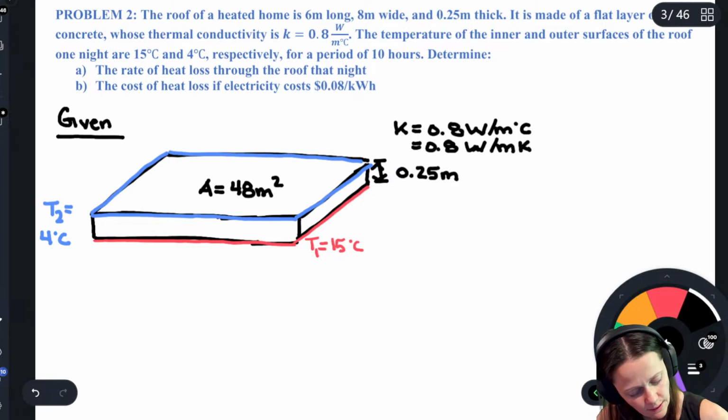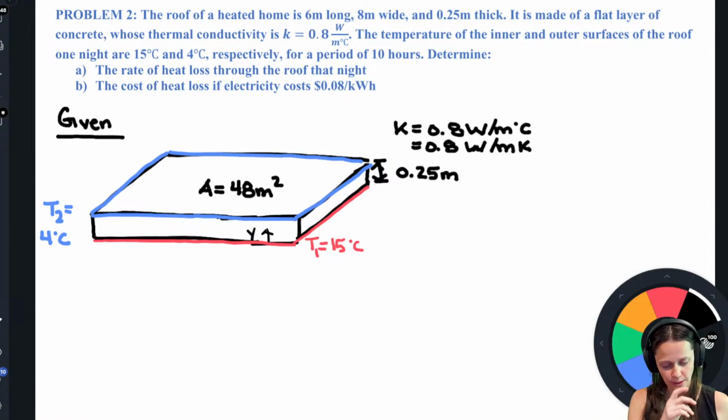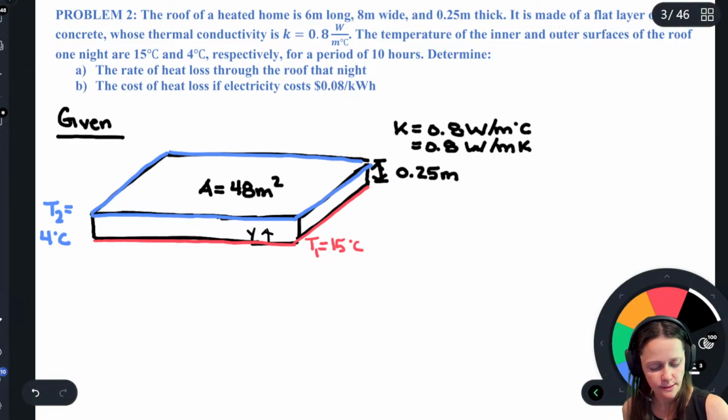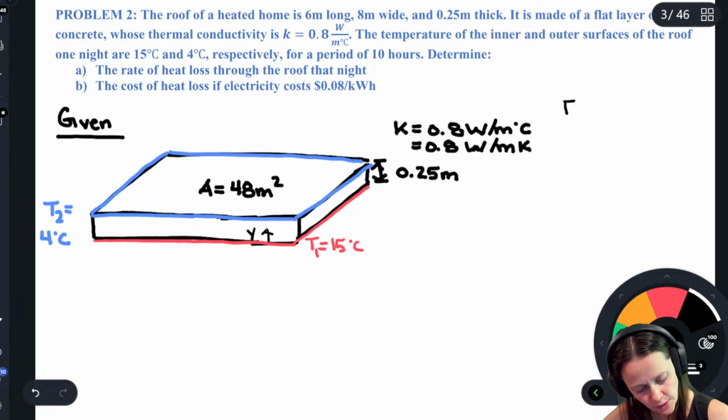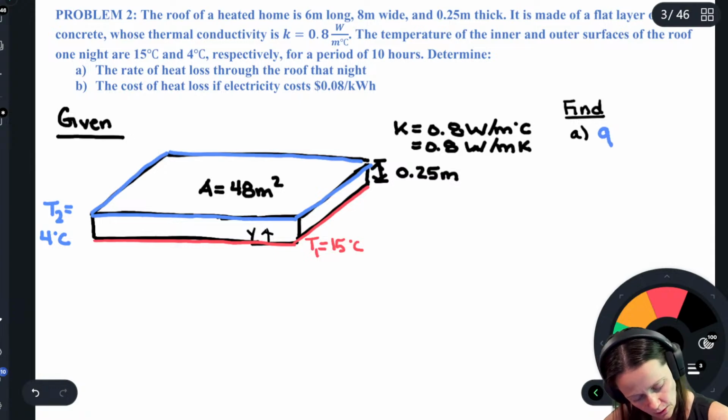We'll put things in terms of Y, so that's in the Y direction. And we're looking at a time period of 10 hours. What we're looking for is the Q lost. I'm going to put him in blue and call him Q lost.